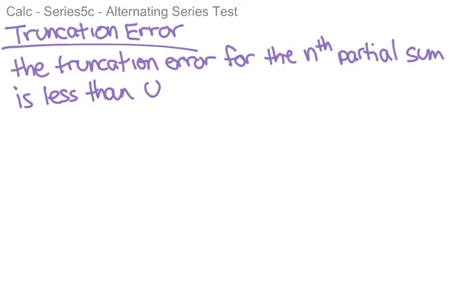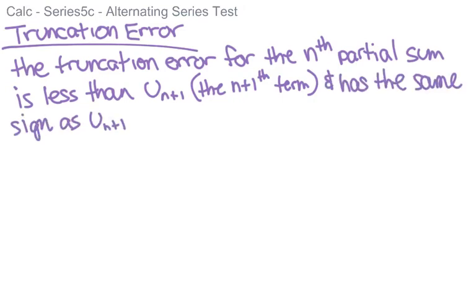It's less than the next term, basically, u sub n plus 1, the n plus 1st term. And basically there's one other little thing that holds true, and it's this: it has the same sign as u sub n plus 1. So what u sub n plus 1, that's the first unused term.